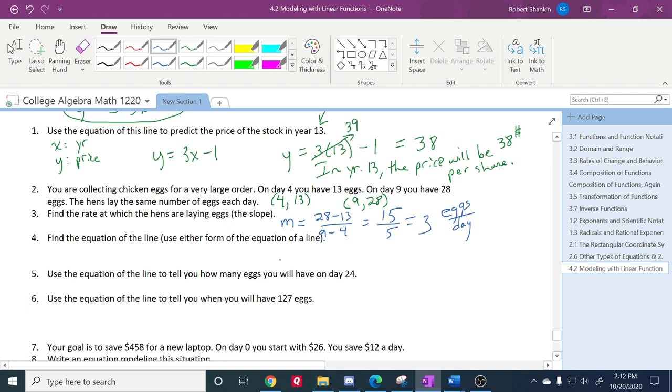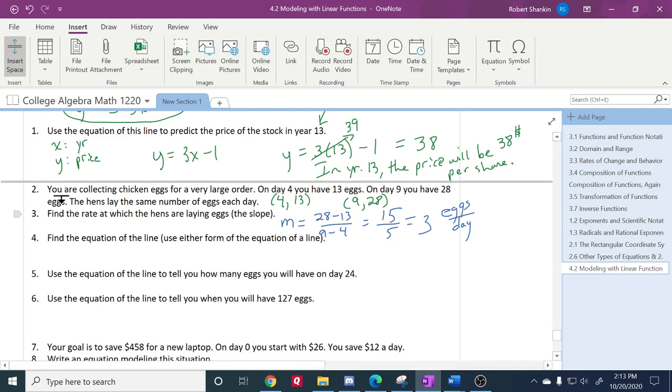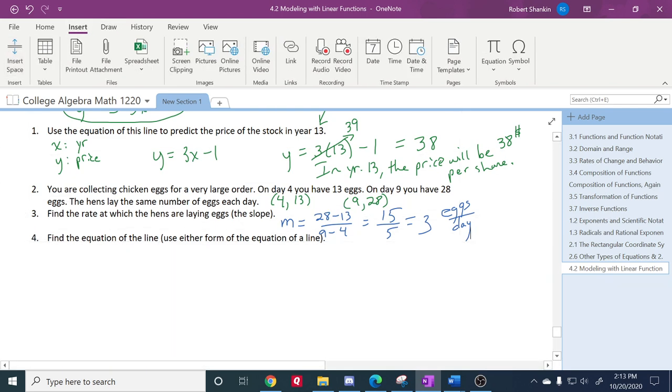And then find the equation of this line. And we can use either form of the equation of the line. Now, when you have a choice, most people will choose the point slope form. It goes a little quicker. y minus y1 equals m(x minus x1). So we can take one of these points.